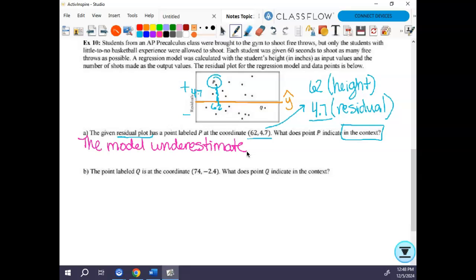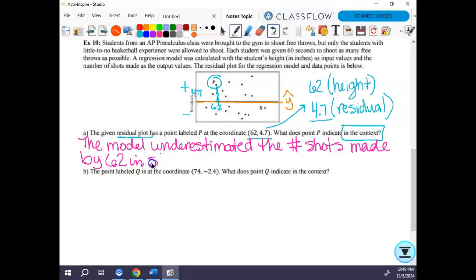So the model underestimated the number of shots made by the 62-inch student, which is a weird way to talk about a student, but I mean, you could say underestimated the number of shots made by the student who was 62 inches tall, but that's a lot of words, and we don't need all that, right? That gets our point across. Do you understand how we determined all the pieces and how they fit together?